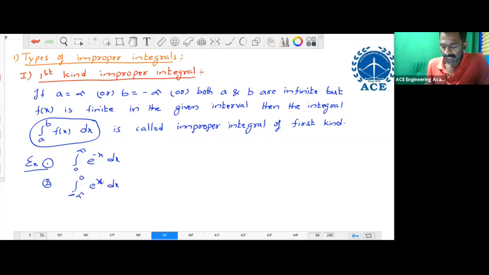So e power x will have finite value at 0, at minus infinity, and between them. For all the values, it will give finite value. So it is first kind improper integral. Example number 3, integral minus infinity to plus infinity e power minus x square dx. Because of the infinite limits, it is an improper integral, and this function will have finite value for all the values of x. All these are first kind improper integrals.